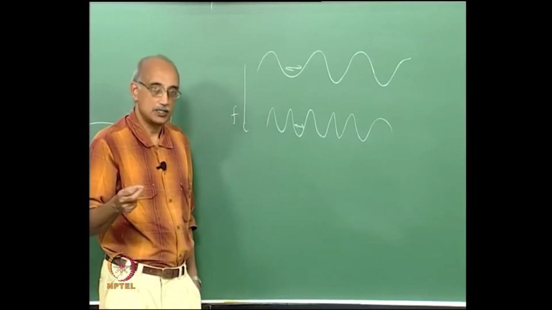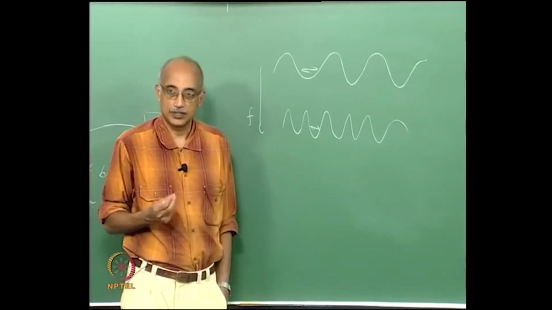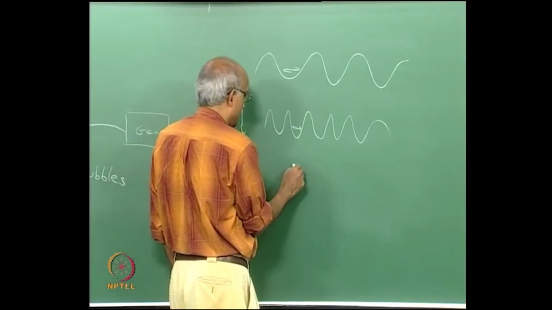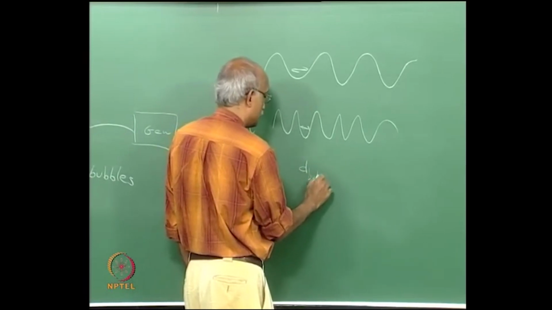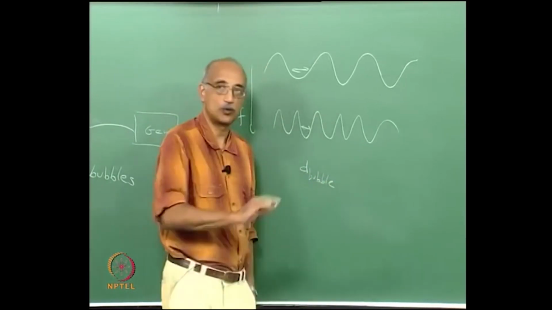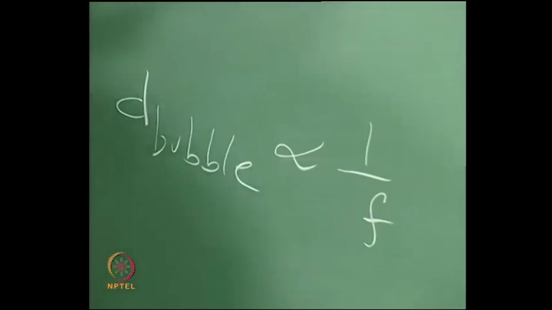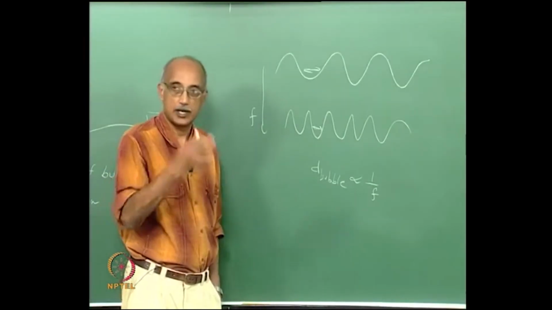So, the energy release, which is essentially a volumetric phenomenon, is also decreasing by the same amount. In fact, the bubble diameter just before collapse, d_bubble, is roughly proportional to 1 over f. The lower the frequency, the higher the bubble diameter.